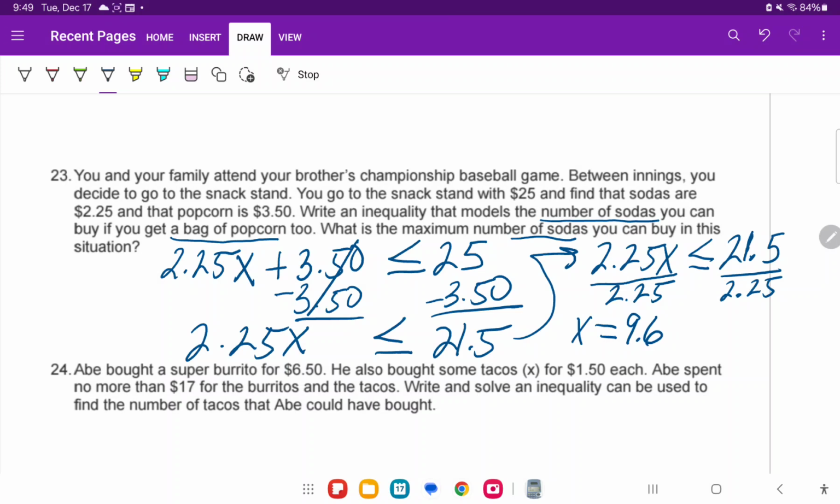However, you can't round up, right? Because you only have $25. So we're going to have to round down. So it would be 9 cans of soda. Because you can't round up to the next can because you don't have enough money to do that.